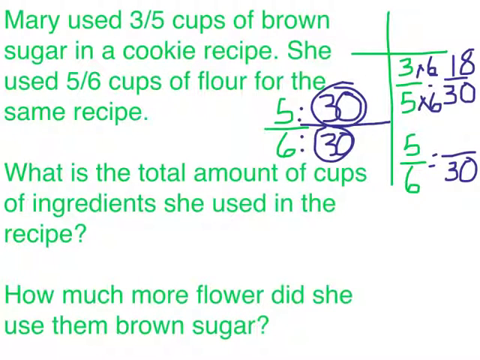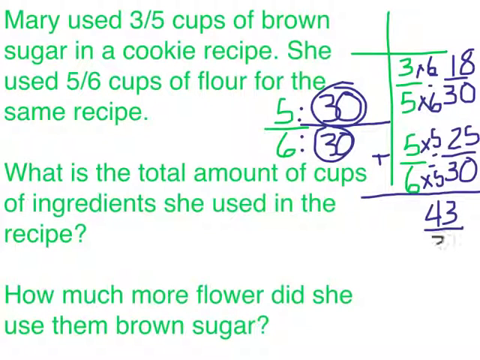When I change 5/6 so that the denominator is 30, what's the new numerator? Well, 5 times 5 is 25. So now I've got 18 over 30 and 25 over 30. And I know in this problem, I'm adding. What's 18 over 30 plus 25 over 30? That gives me 43 over 30. Can I leave it like that?